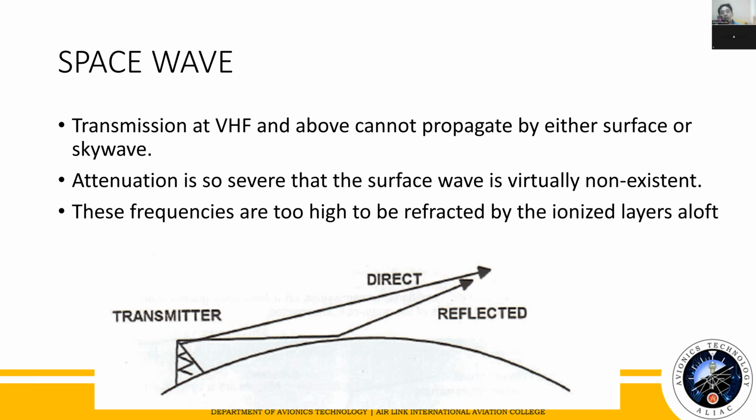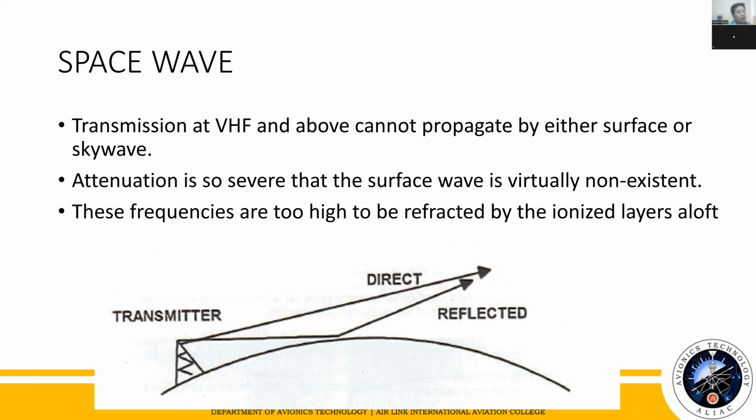As a result, transmission is by straight line or direct wave, katulad ng sinabi natin kanina. In addition to the direct wave, a reflected wave can also exist. So the two components make up a space wave. Ganyan yung nangyayari kay space wave.